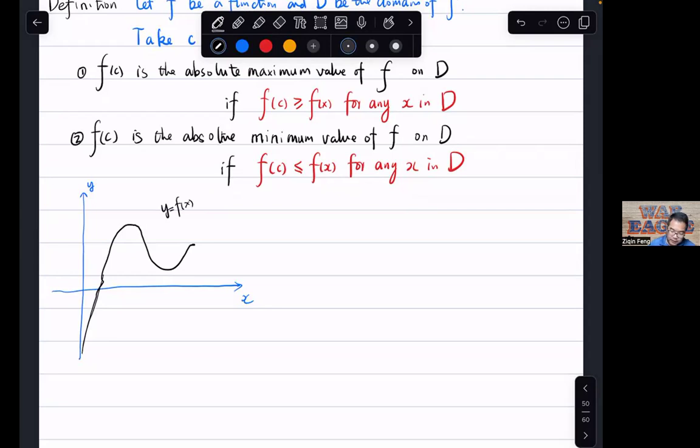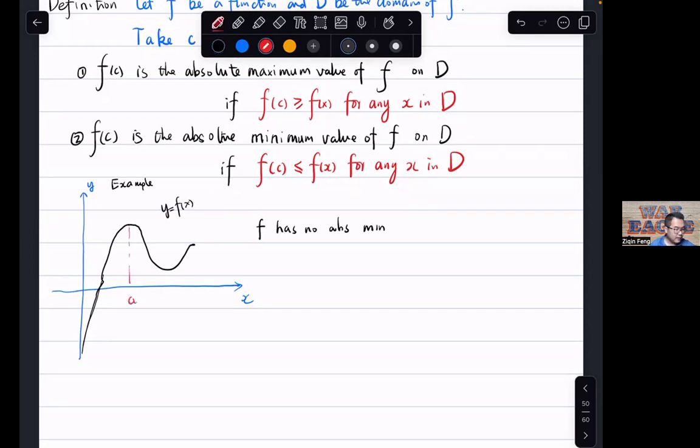In this example, f has no absolute minimum because the function has no lower bound, right? And also you can see that the absolute maximum happens here.